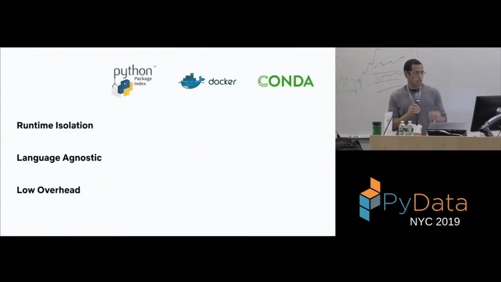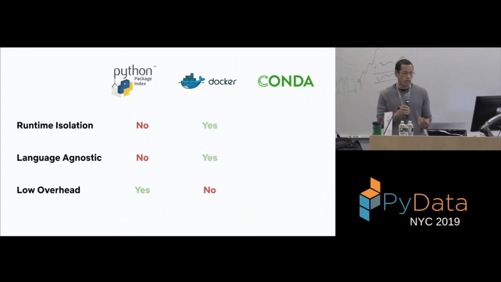We did consider a few other alternatives. You could use pip, but it doesn't really provide runtime isolation on its own. It's not language agnostic. It's very specific to Python. But it is low overhead. There's Docker, which does provide runtime isolation and is language agnostic, but I really wouldn't call it low overhead, especially if you're not coming from an engineering background.